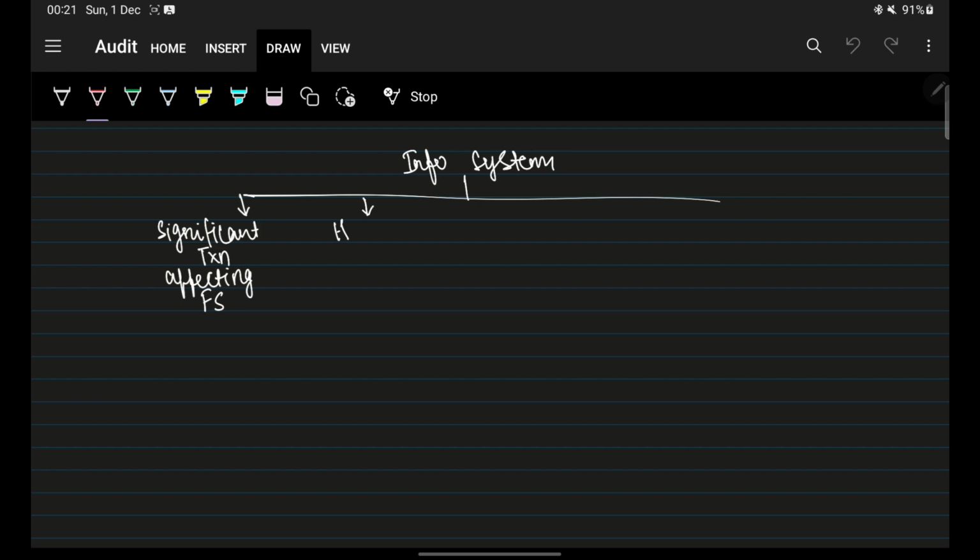Secondly, how such transactions are recorded, okay. And thirdly, he also has to understand the supporting documents, right? Supporting documents for such recording, right?